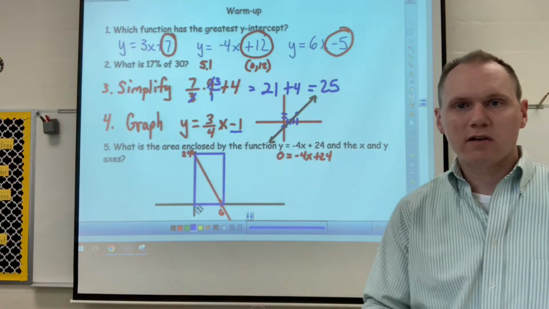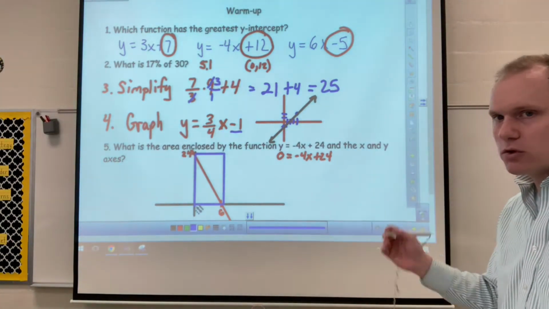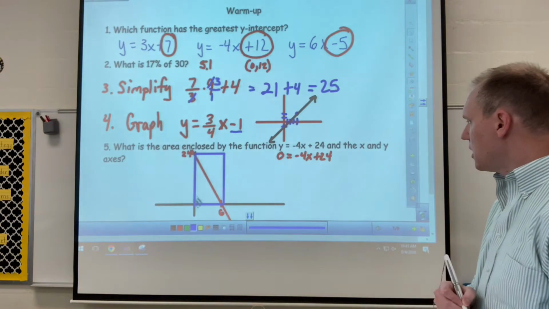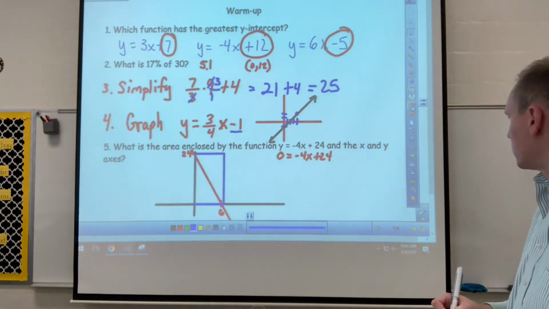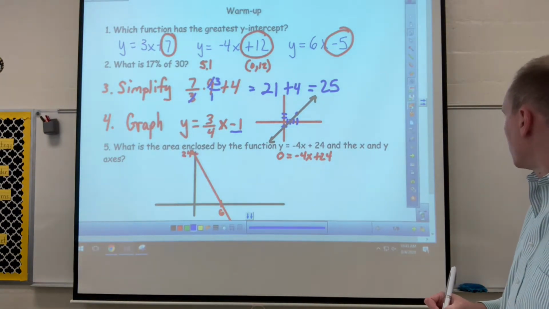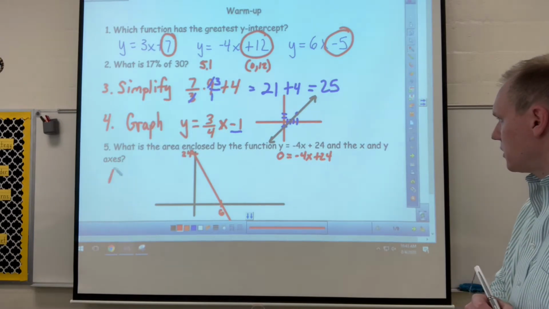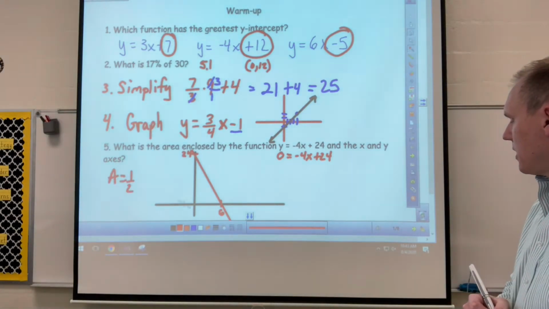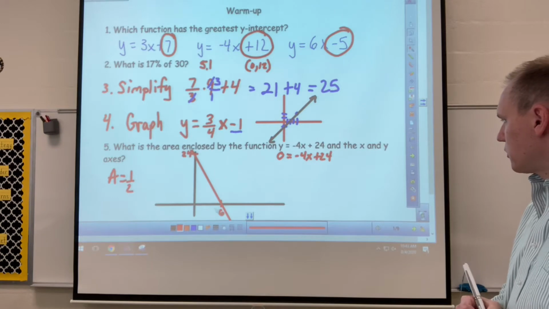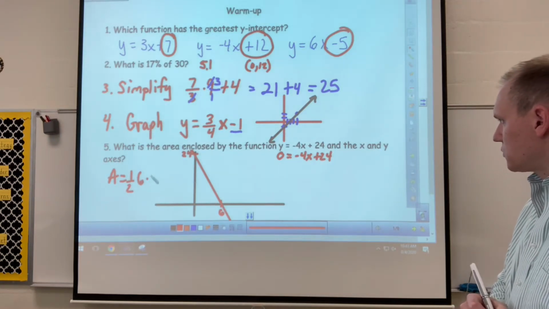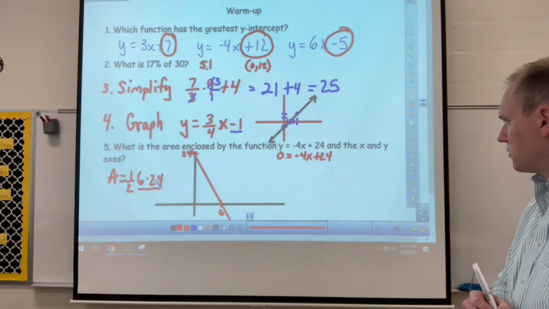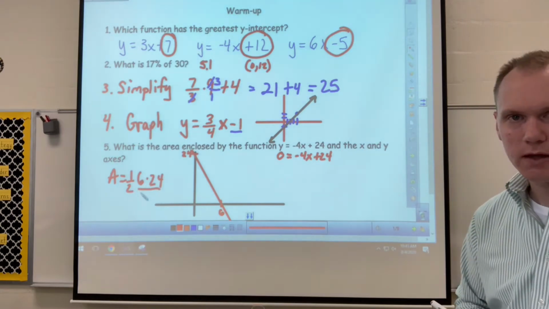So the formula is 1/2 base times height, but you can visually think about it as 1/2 the rectangle that goes around it there. The rectangle will be a width of 6 and a height here of 24. 6 times 24. So this is the area of the rectangle, and then of course we want half of that.